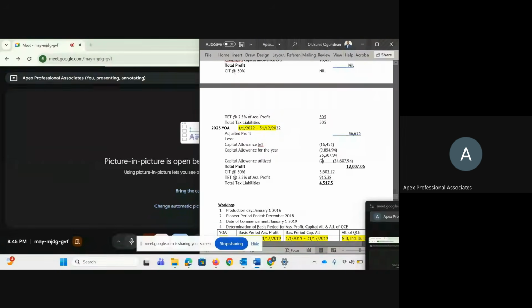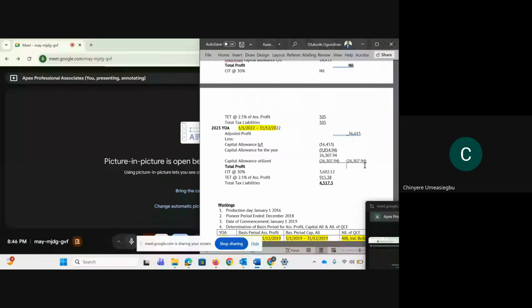You can see the number of ticks you are missing. So this one too, the one you wrote here is also wrong. Then finally, this one is wrong too. Your total profit is wrong.